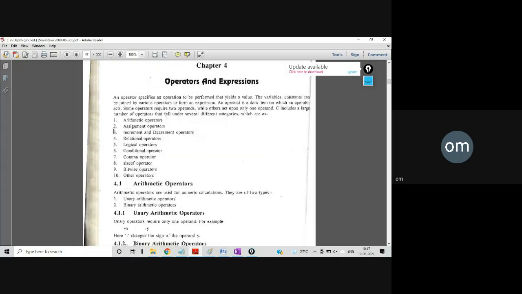We saw arithmetic operators, assignment operators, increment and decrement operators, relational operators, logical operators, conditional, comma operators, sizeof, and bitwise operators. Now let's move ahead to the precedence and associativity part.